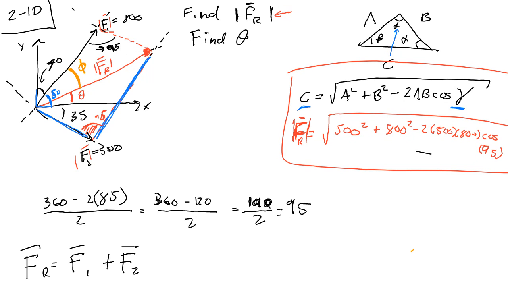Then we can say psi goes with 500. So say 500 over sine of psi is equal to, let's pick 800, right? 800 goes with this angle over here.